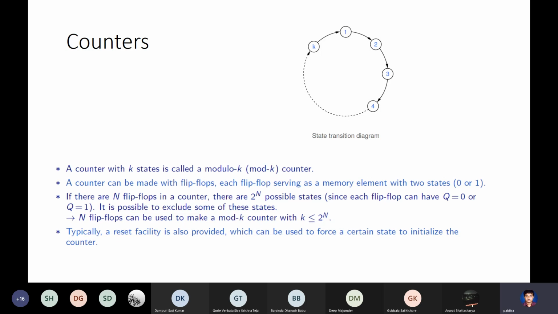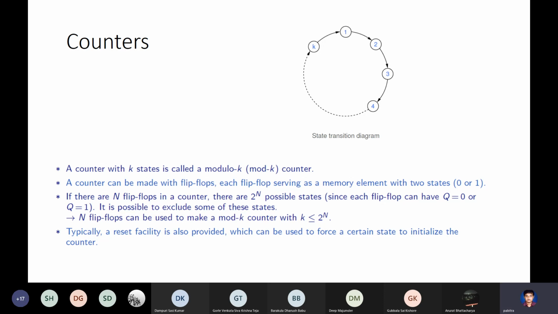Whenever an event happens, the circuit transitions from one state to another. And since there is a one-to-one correspondence between a circuit state and a count value, just by looking at what state the circuit is in, we can find out the count value.